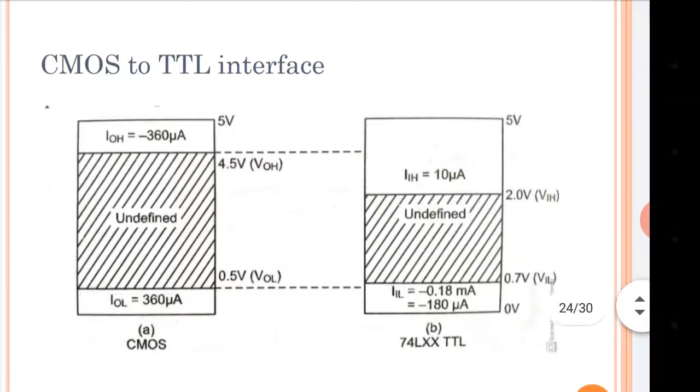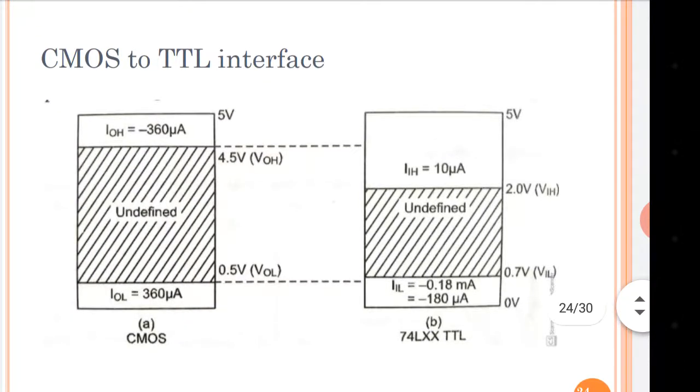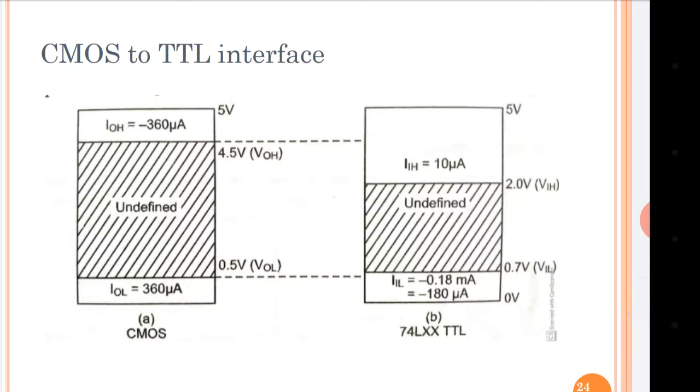Now when CMOS drives TTL, what will happen? Observe again the same parameters in this diagram. To illustrate this, we consider the CMOS driving a low power TTL gate of the 74LXX. The respective profiles are shown in the diagram.